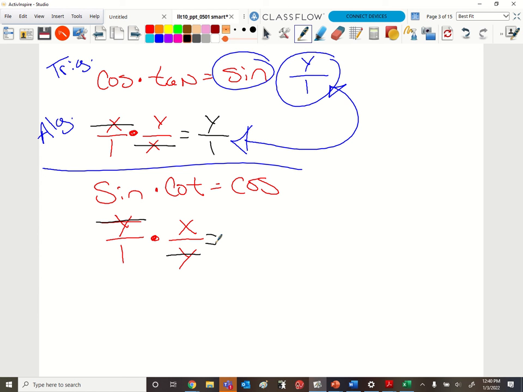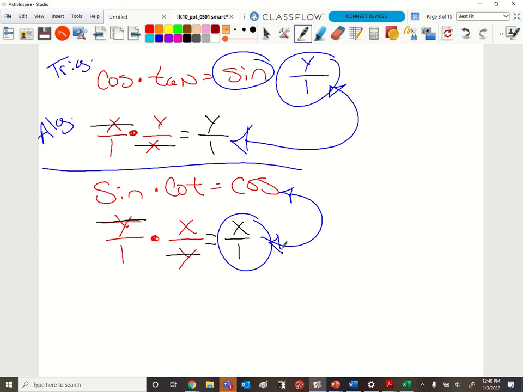So what's going to be left? X over 1, right? And what is x over 1 going to give me? Cosine, right? That translates back into cosine. And that's what my answer was.